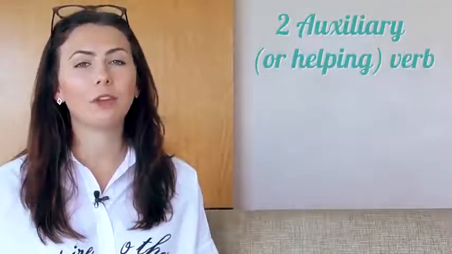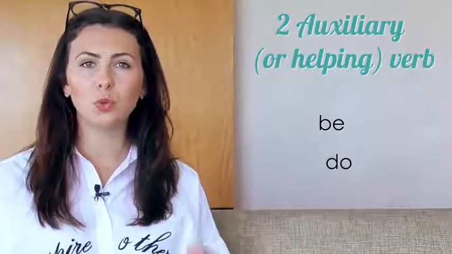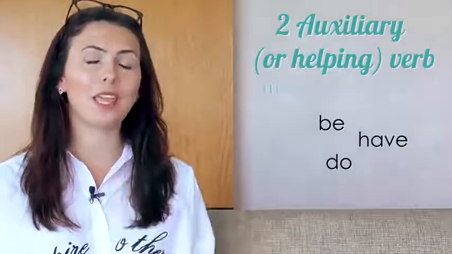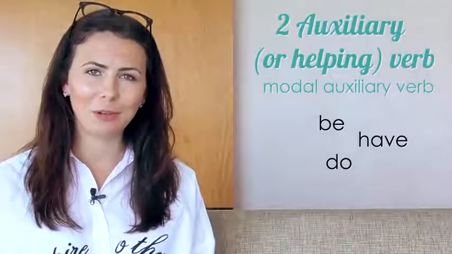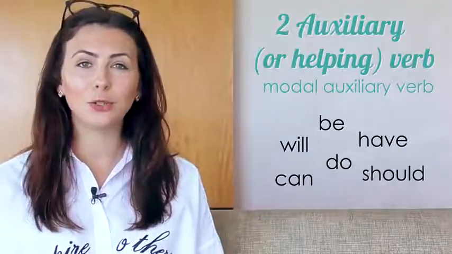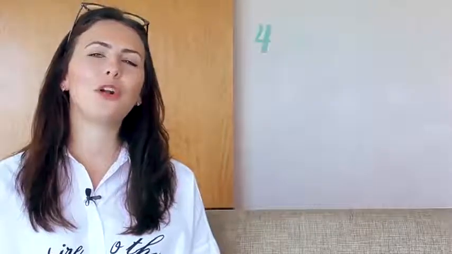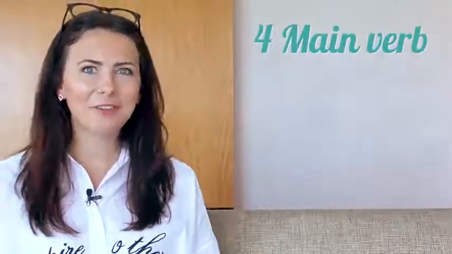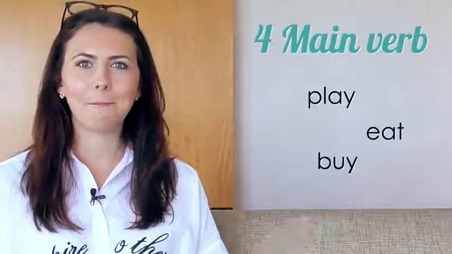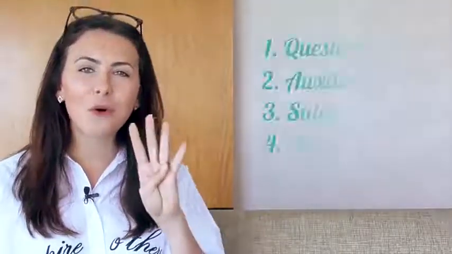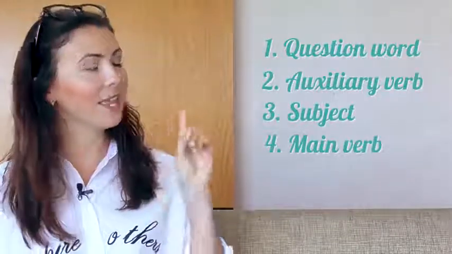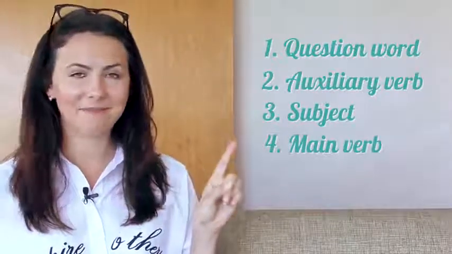Then number 2 is your auxiliary verb or your helping verb. Be, do, or have. It can also be a modal auxiliary verb like can, or will, or should. Thirdly, you need your subject. I, you, we, etc. And your main verb. Any verb, play, eat, buy. These are the 4 things that you need, and you need them in that order every time.